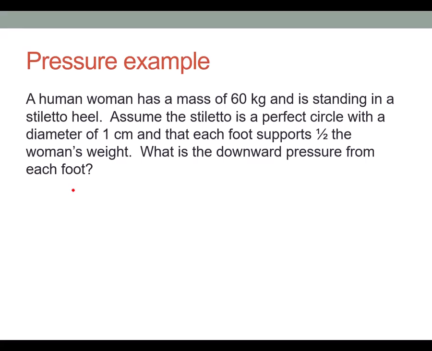Okay, so what's the downward pressure from each foot? Same idea. Pressure is force per area. We're going to start by finding our woman's weight. So 60 kilograms times 9.8 meters per second squared.